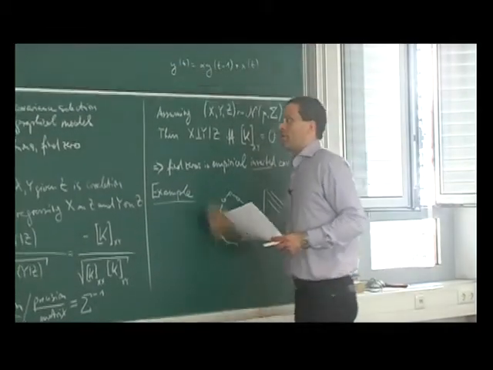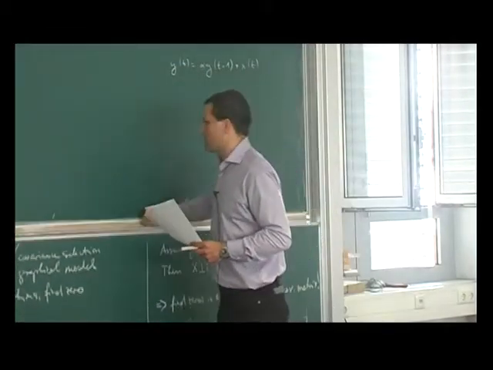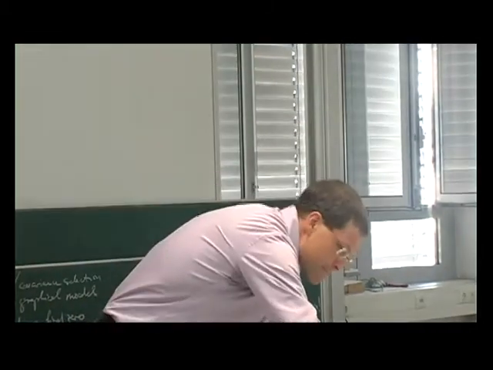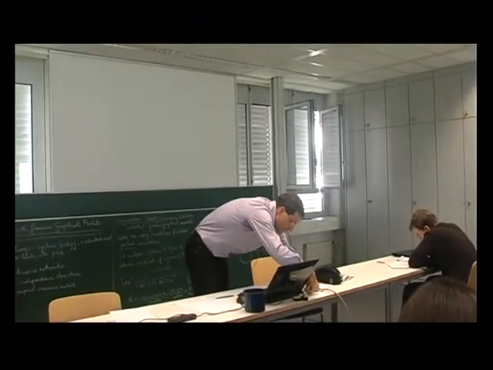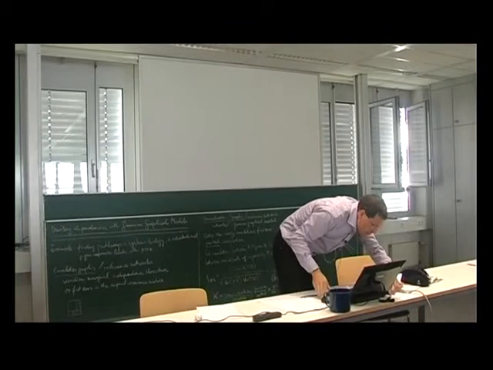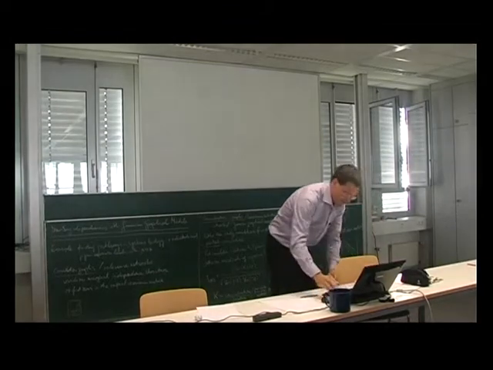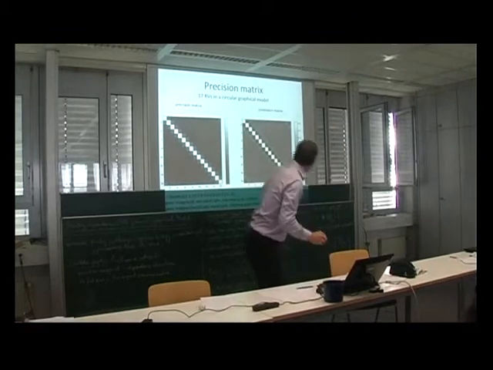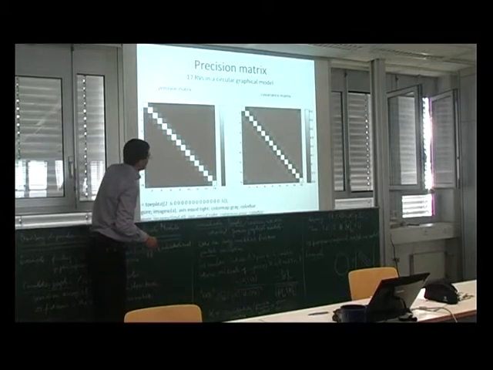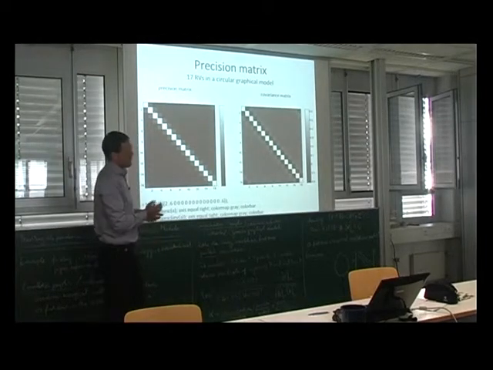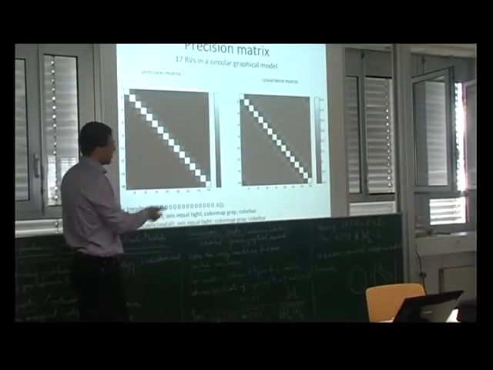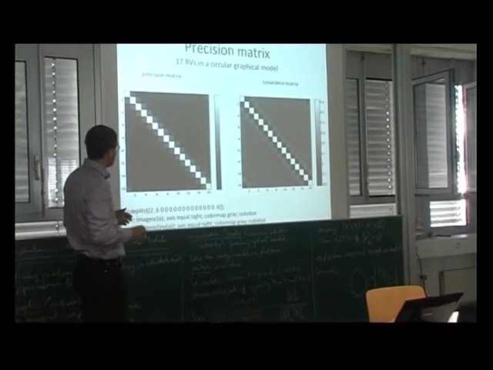So let's look at a numerical example. I've taken 16, not 17 as is written there, Gaussian random variables arranged in a circular graphical model as you've just seen.